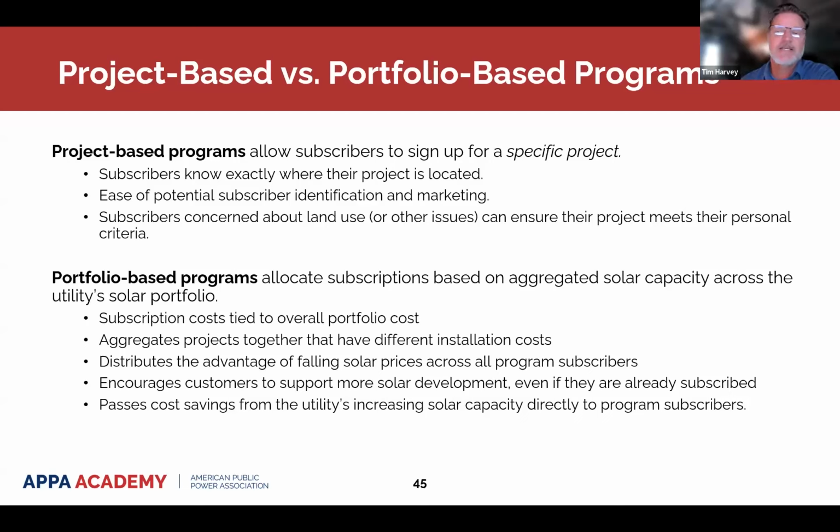Sure. So the idea is that, as we move forward and hopefully include additional lower cost projects into the portfolio, then the overall portfolio costs go down. And that would allow us to take the locked in subscriptions that our customers have for 15 years and potentially lower that price further as the portfolio costs, on average, go down.